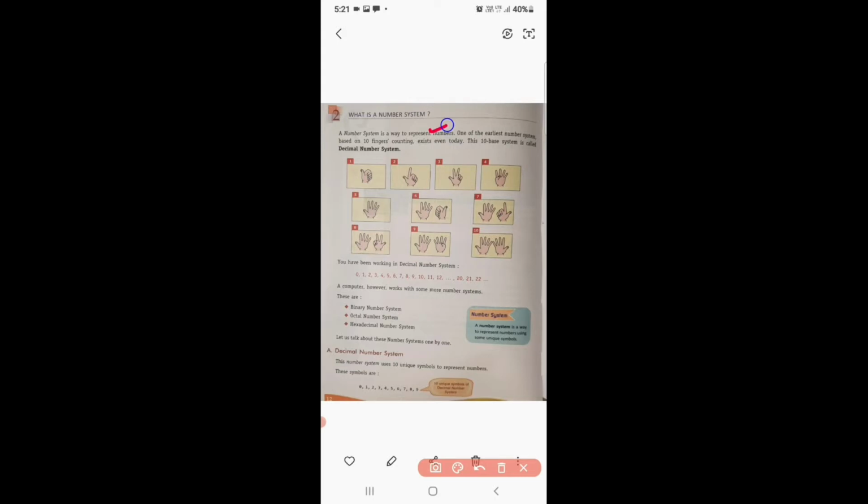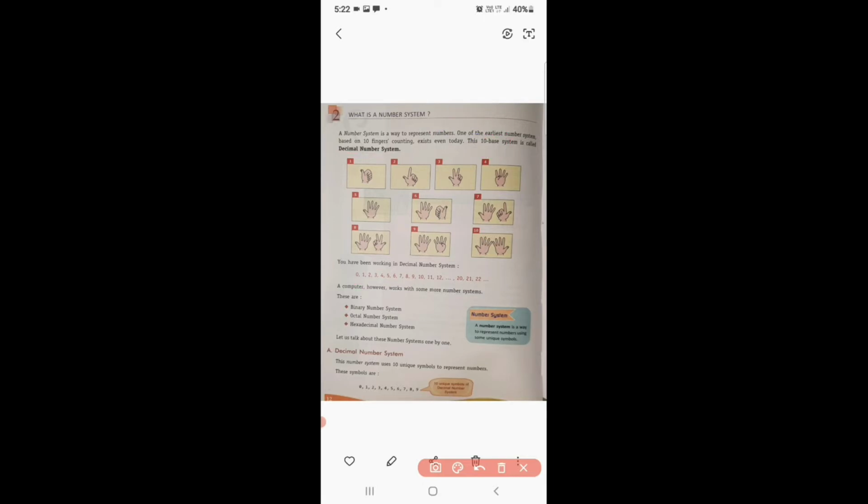And nowadays in our early maths, the number system we are using is called the decimal number system. And remember, children, as I explained to you, this decimal number system consists of 10 digits, from 0 to 9, so the base of this number system becomes 10.